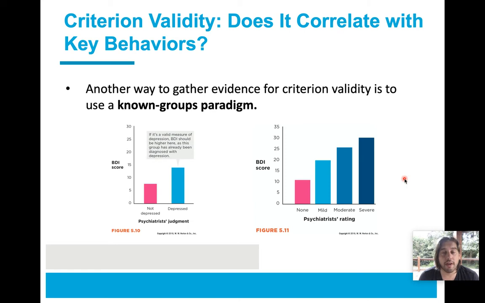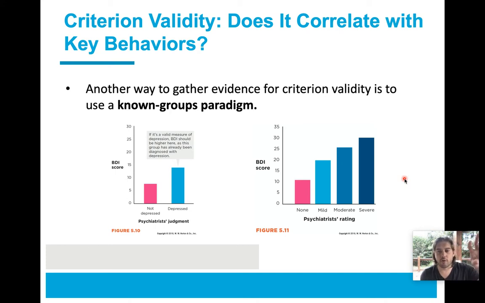So one thing I could do is develop my measure, and give that measurement tool to people who have already been diagnosed with depression and compare it to the scores of people who we know are not depressed, right? Who have been diagnosed as not being depressed.